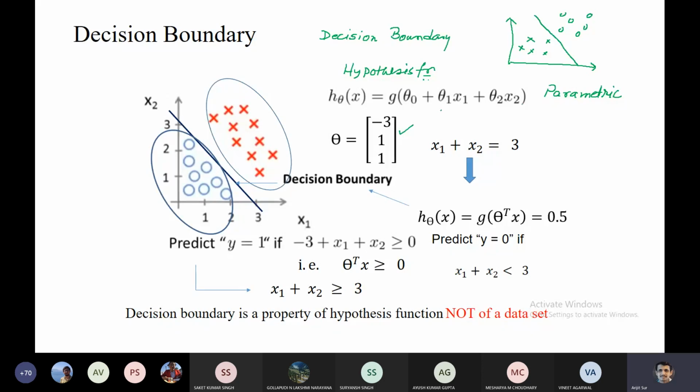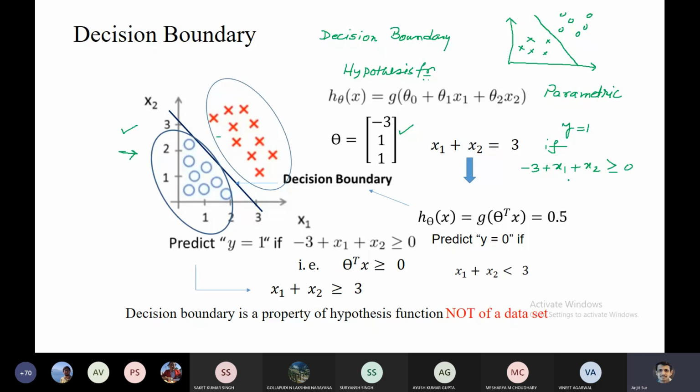And this x1 x2 is basically x1 plus x2. If we say that this particular setting is giving this, then we can say we predict y equal to 1, that means it is a positive logic, if this hypothesis function, minus 3 plus x1 plus x2, is greater than or equal to 0.